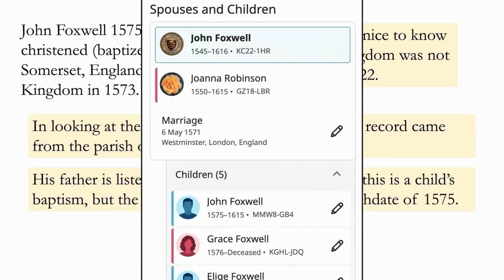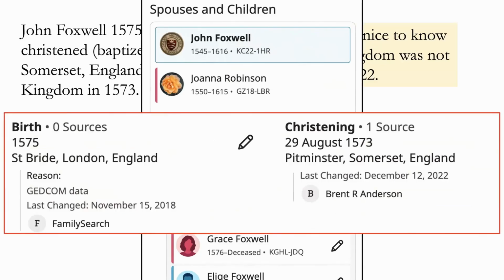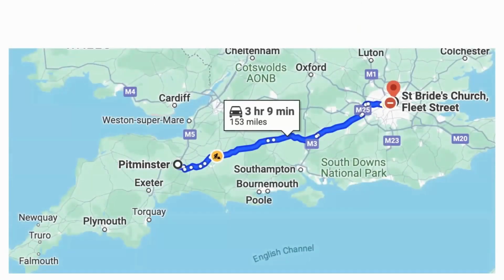So here we are with what's there. And here's what's listed. Birth, 0 sources. St. Bride. Christening, 1 source. 1573. And just to give you some perspective here, Pitminster is 153 miles east of downtown London.